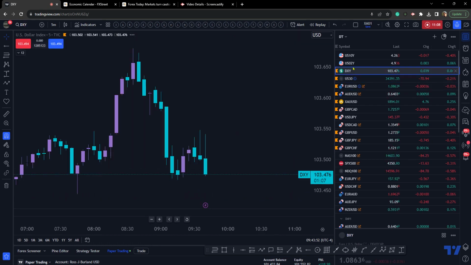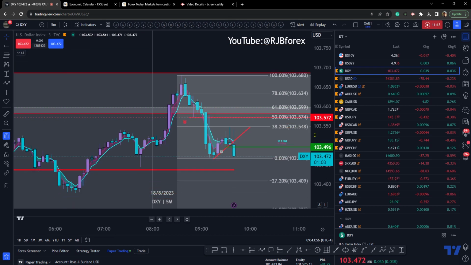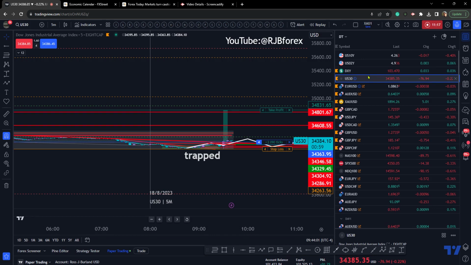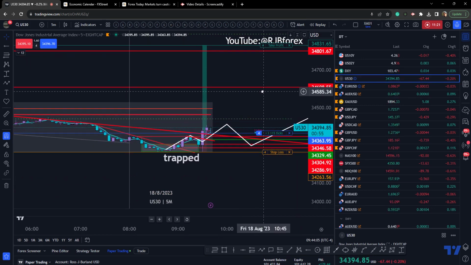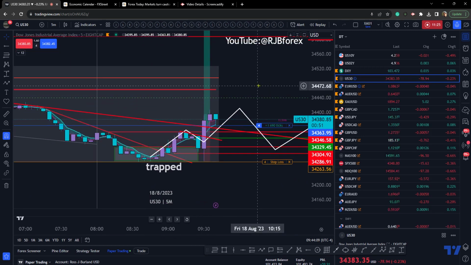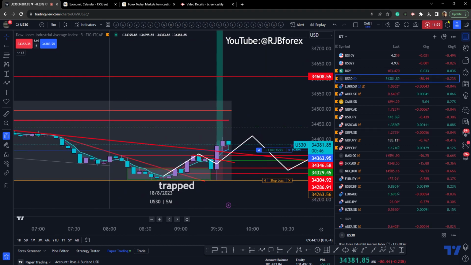Given that this dollar is coming off nicely, this puts our US 30 in good stead as well. So the next phase is going to be taking some off and getting to break even.